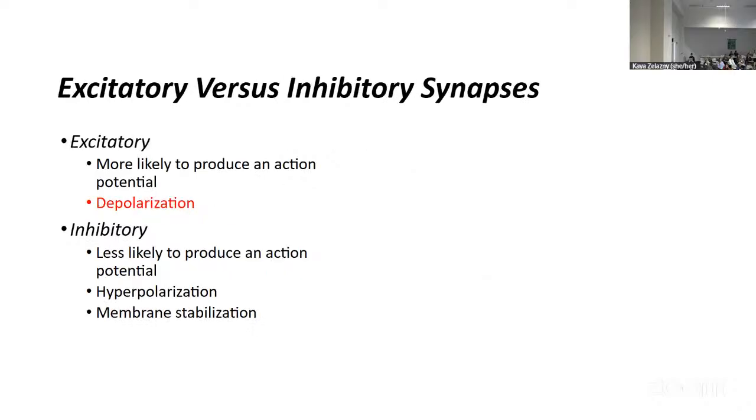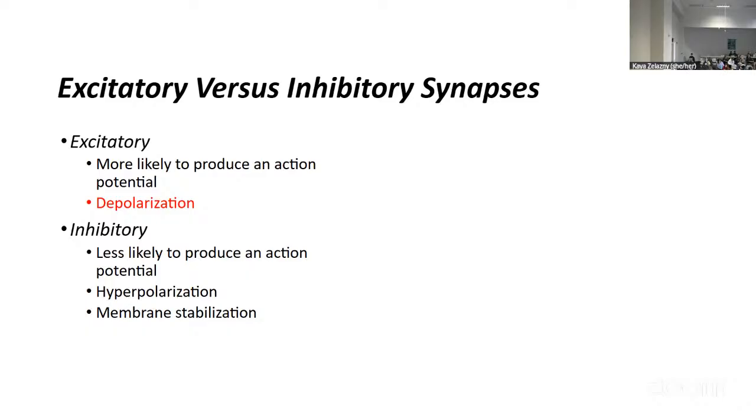Okay. Again, that's the reminder. Excitatory, we're linking that up with depolarization because we know that we need to depolarize to threshold to fire off a new action potential. So our excitatory synapses, our excitatory neurotransmitters, our excitatory postsynaptic potentials are all about those depolarizations, making stuff more likely to fire.